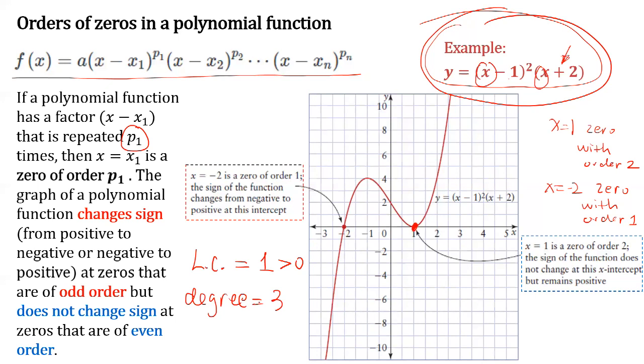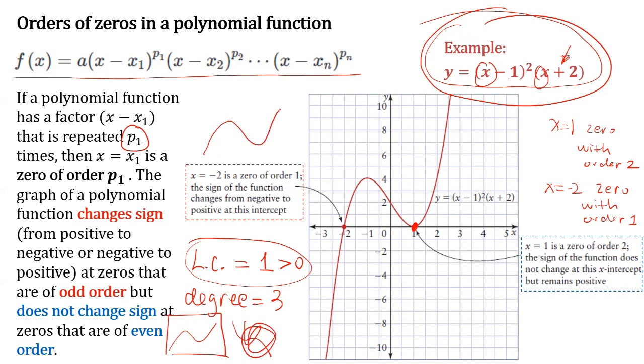According to our analysis in previous slides, if the degree is an odd number, this function will look like this or this. And when the leading coefficient is positive, the function must look like this. So overall, the function would look like this.